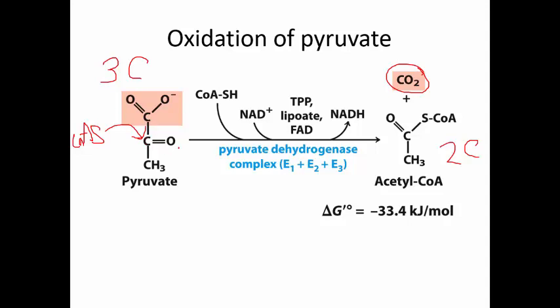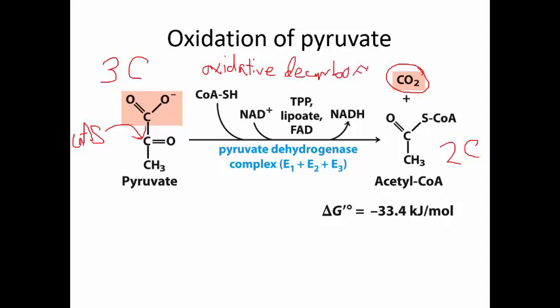If you take an alpha keto acid and you convert it to a thioester, this is called oxidative decarboxylation.